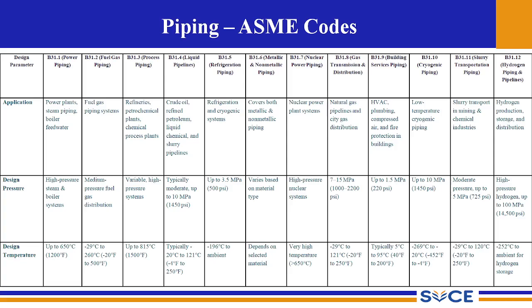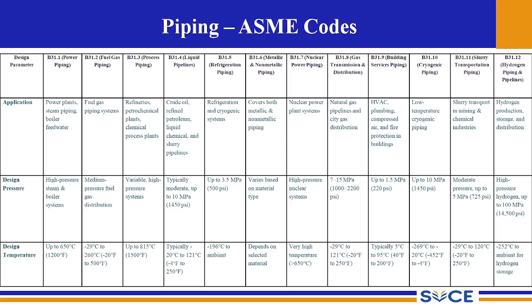Then liquid pipelines, the codes for liquid pipelines are given in B31.4. They are used for crude oil transportation, then refined petroleum, liquid chemical, and slurry pipelines. The design pressure corresponding to B31.4 codes is moderate, up to 10 megapascals, and the temperature range is usually between 20 degrees centigrade to 121 degrees centigrade.